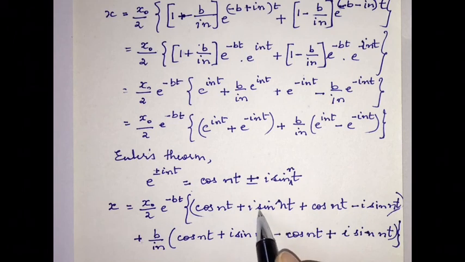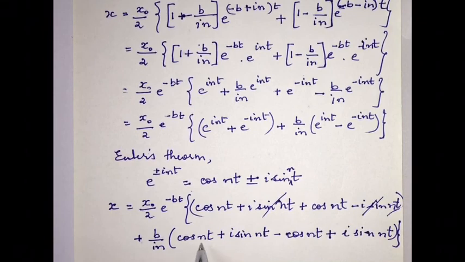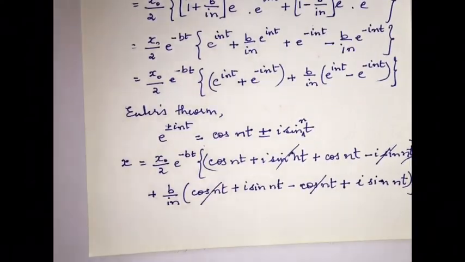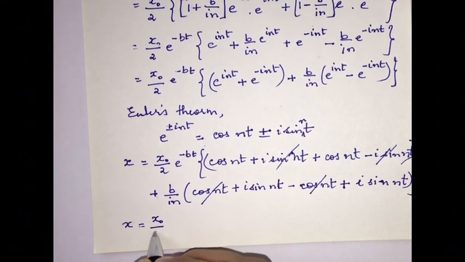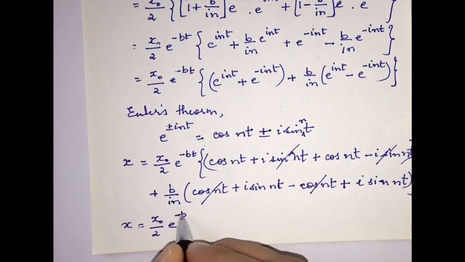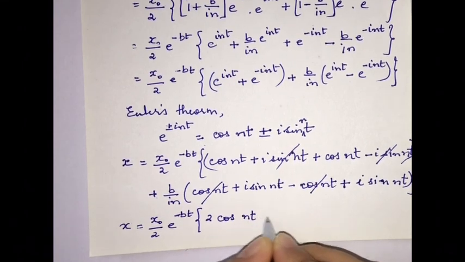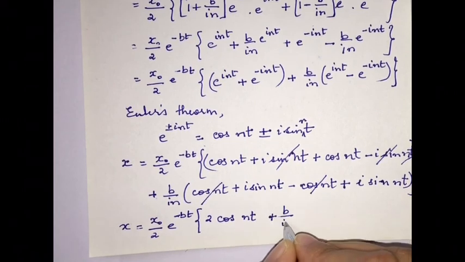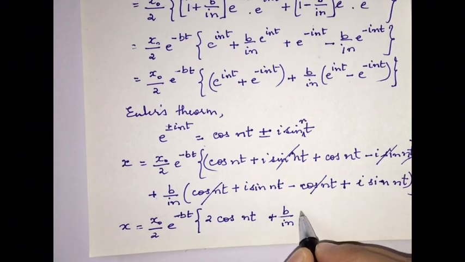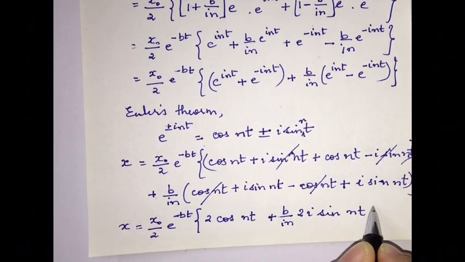So here i sin nt and this i sin nt get cancelled, and here cos nt and this cos nt get cancelled. So this can be further simplified as x is equal to x naught by 2 e power minus bt into 2 cos nt plus b by in 2i sin nt.